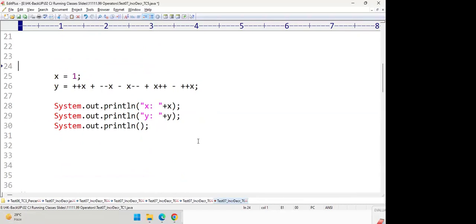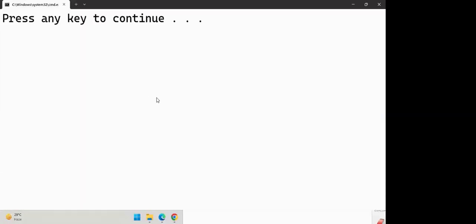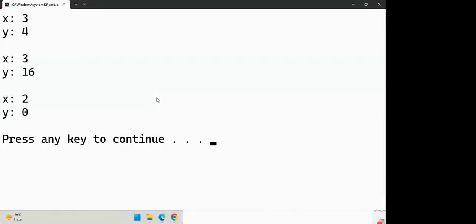What is the output you got? X value, Y value, control 1, control 2, 0. Wow.